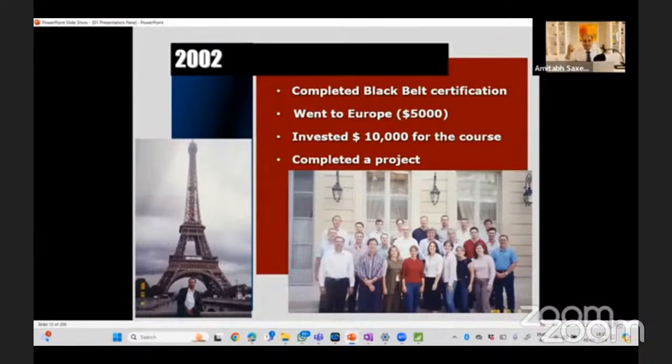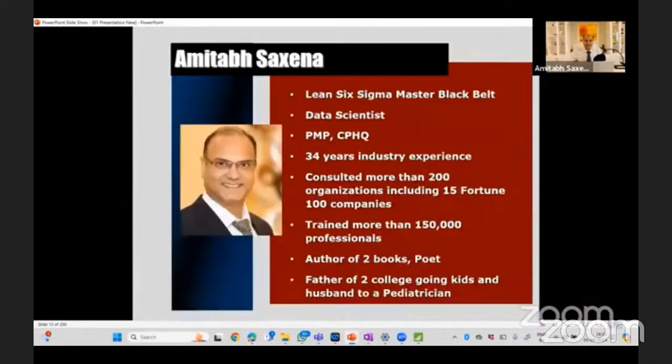I completed my Black Belt certification, went to Europe to complete that. After completing that, I became a Lean and Six Sigma Green Belt first, then Black Belt, and then Master Black Belt. At one go, you can do that today because the online sessions are available. You don't have to travel so much. Within a 1 to 2 month period, you can become a Green Belt, Black Belt, and Master Black Belt.